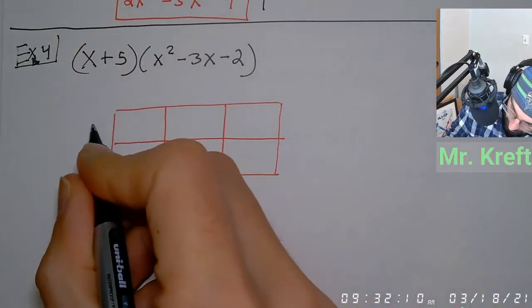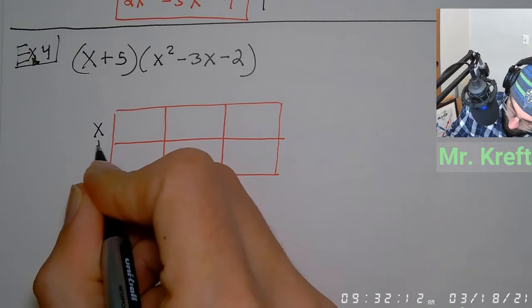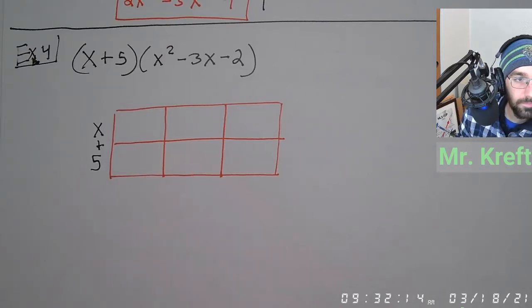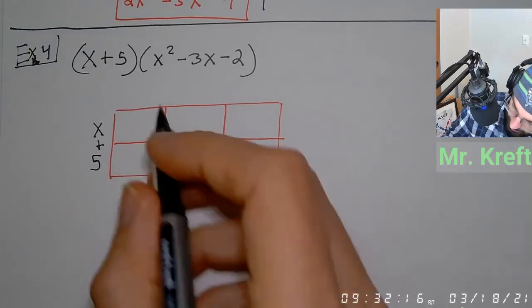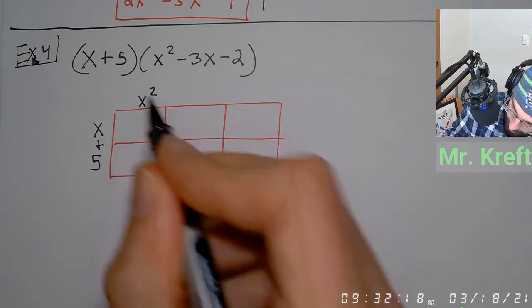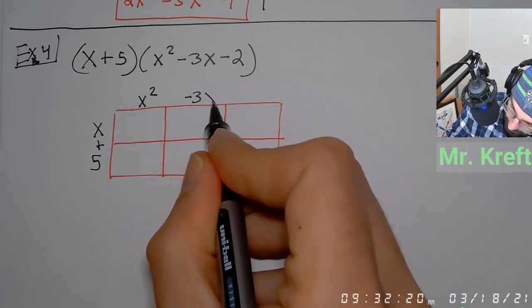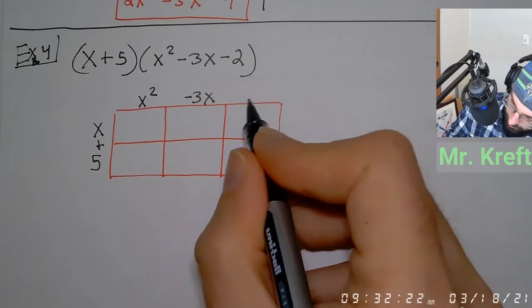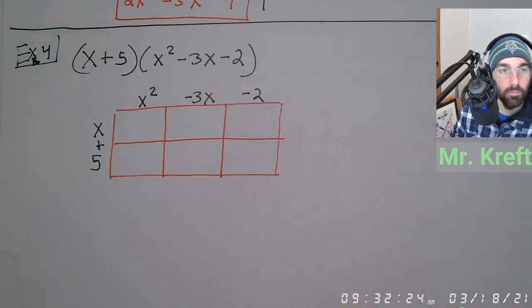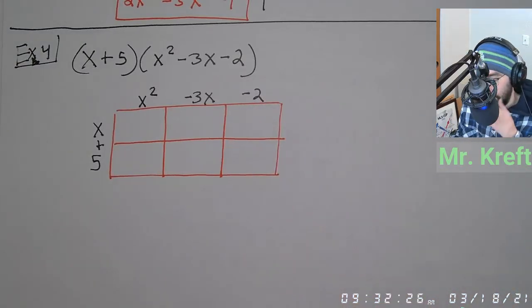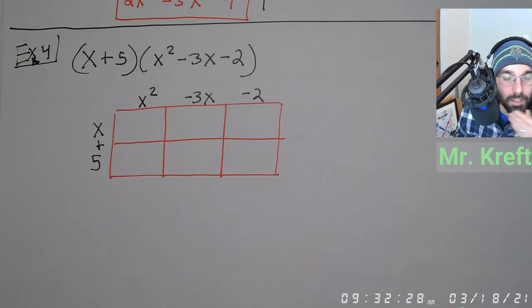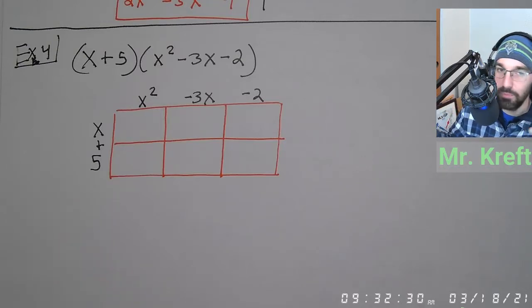So I'm going to go x plus 5, and then I'm going to have x squared minus 3x minus 2. It's the exact same thing. We just have an extra box to find.